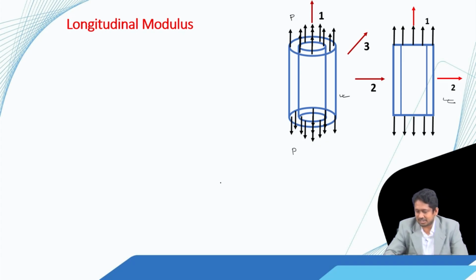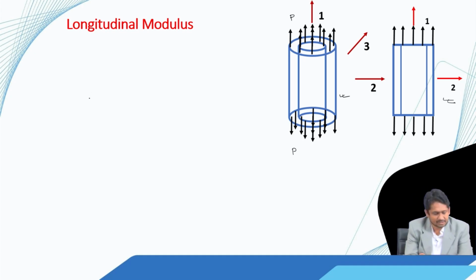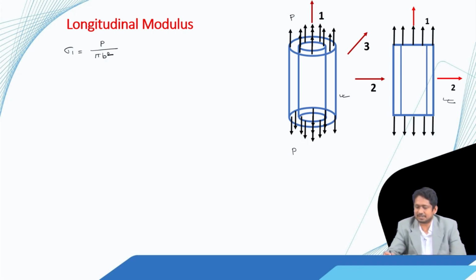Along this axial loading P, we want to look at the response, and if the axial loading is P, we can say that the equivalent stress is P by pi b square, because we know that the outer radius of the cylinder is b.